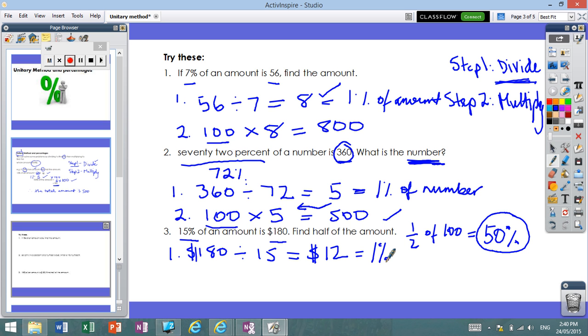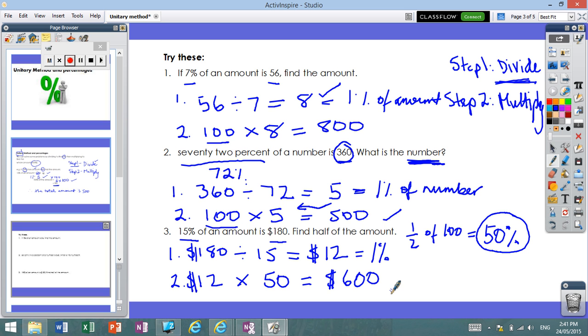So we've found our unitary amount. And then we've worked out that we only need to find half the amount. So in step 2, when we need to multiply, we're going to use our $12, that is 1%, and multiply it by 50, which will give us 50%, which ends up giving us $600.